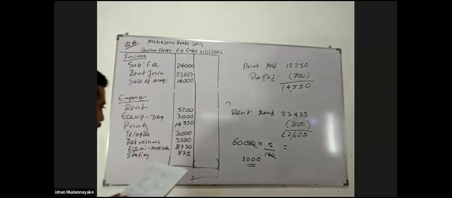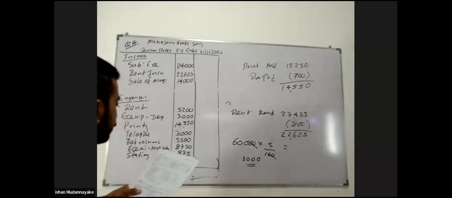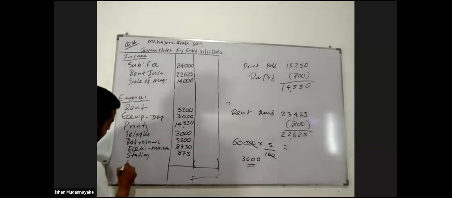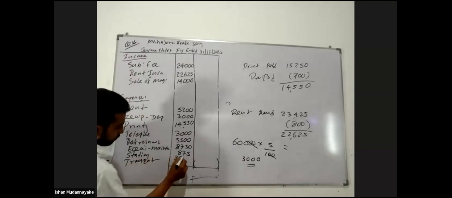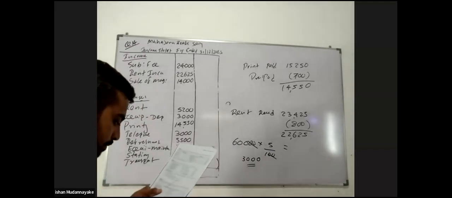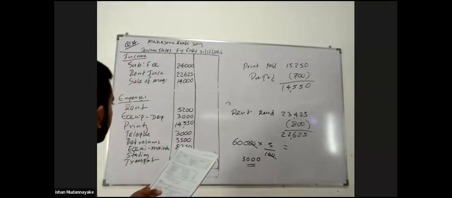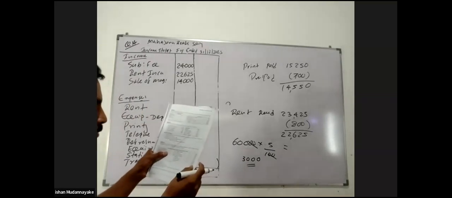Transport charges 3,000. Printing expenses done, here they have given the paid amount.